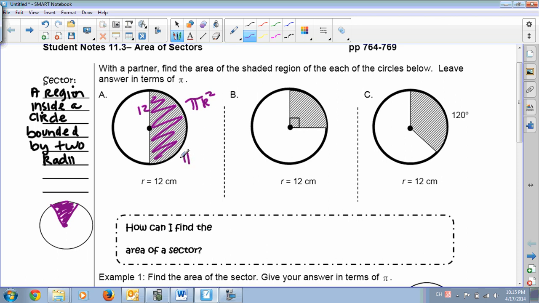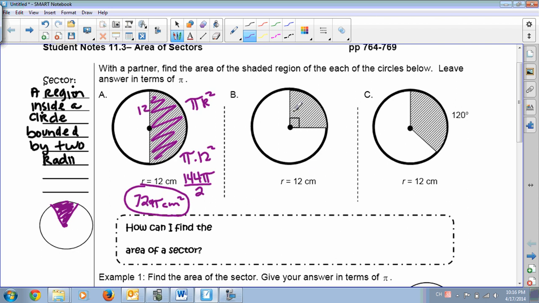So the area of this circle would just be pi times 12 squared, which is 144 pi. But we're just looking for half of the whole circle. So all we're going to do is divide it by 2 to find the area that is the shaded region. So 144 pi divided by 2 is just 72 pi centimeters squared.